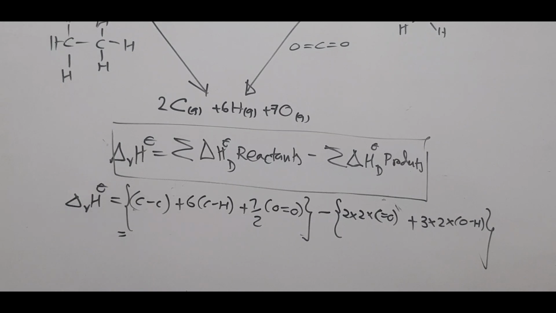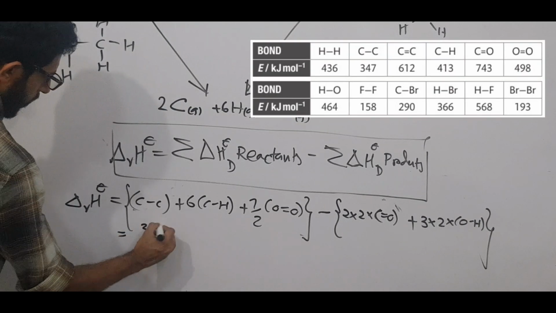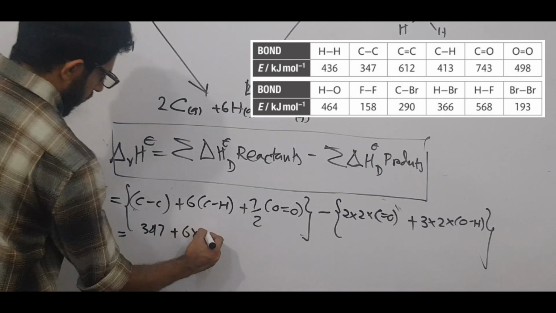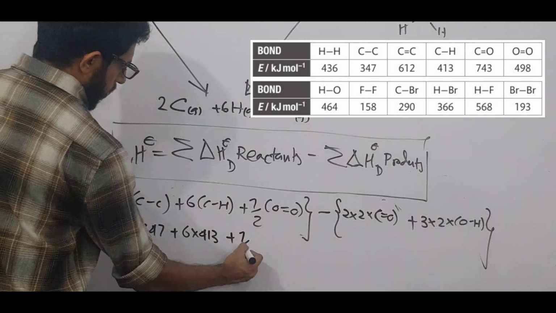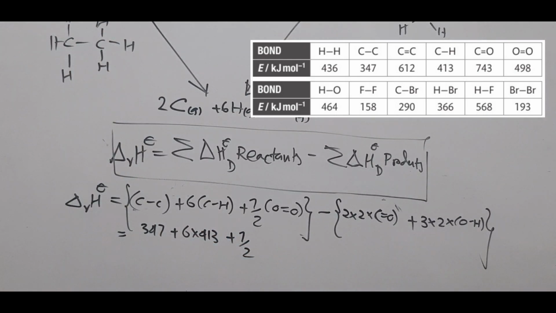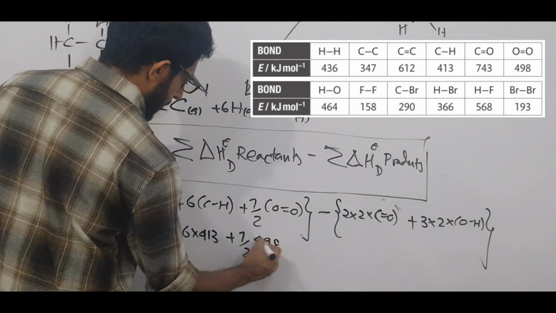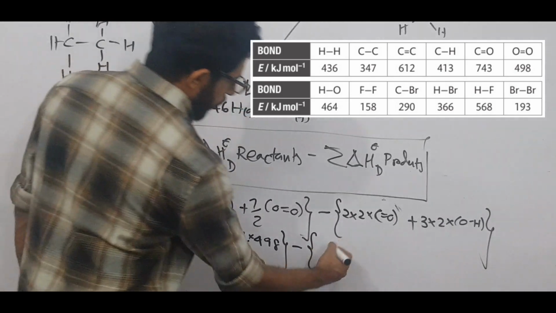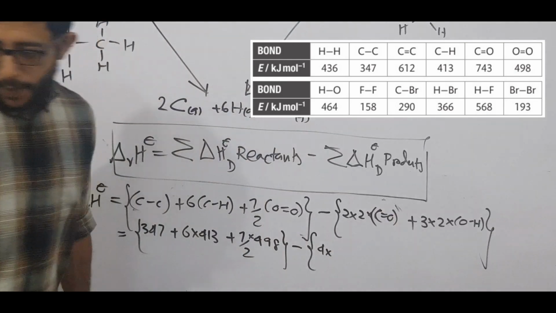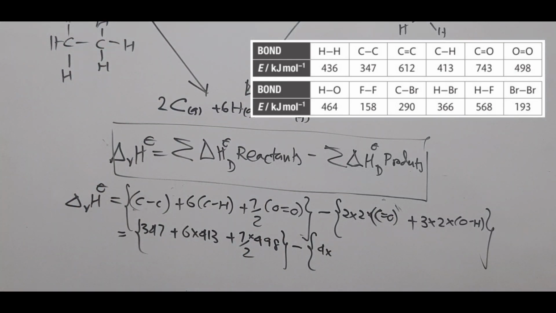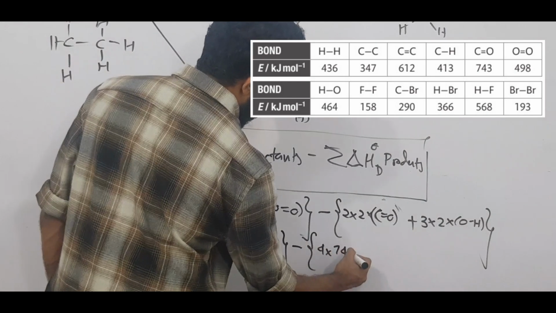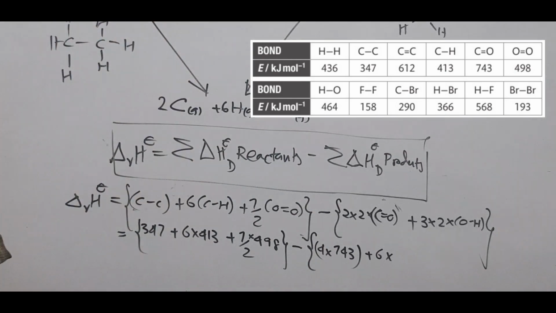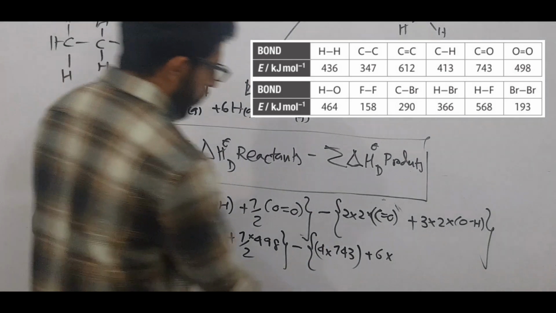So CC single bond is 347. 6 into CH is 413, plus 7 over 2, oxygen double bond is 498, minus 2 into 2 into CO, carbon oxygen double bond is 743, plus 6 into OH, 464.